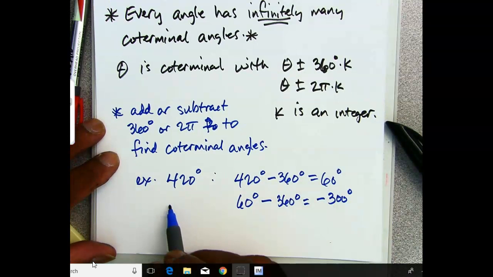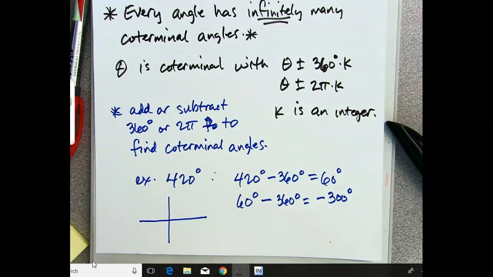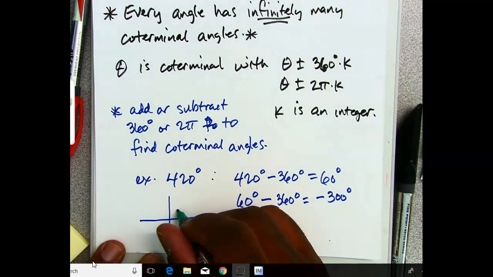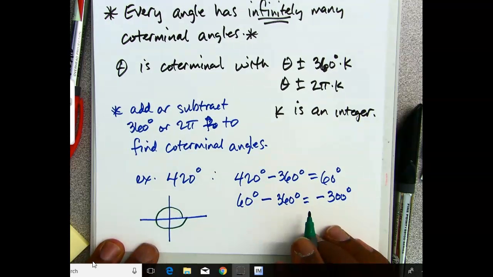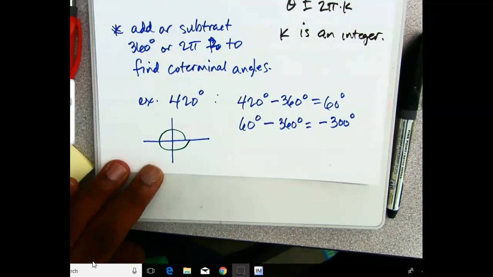So if we think about it, for 420 degrees, we're going to go all the way around 360 degrees, and then we're going to go 60 degrees more.